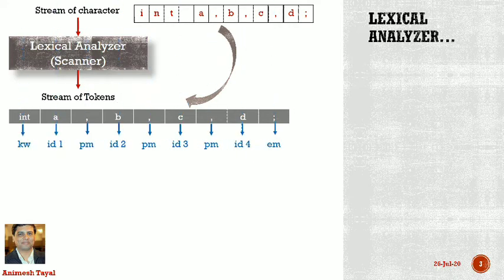But the actual token names will be like this: int will be represented by kw. kw means keyword. A is represented by id1 because it is the first identifier, so we can give the name of that variable, that is identifier 1. Identifier 2 is b, c is identifier 3, d is identifier 4.